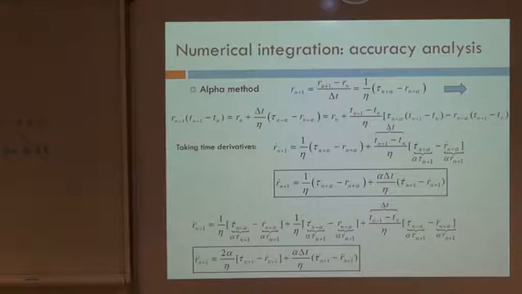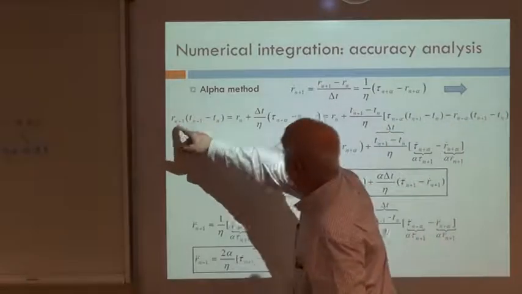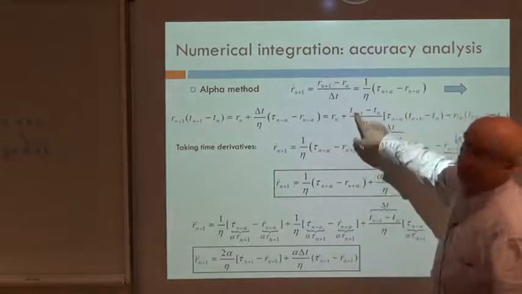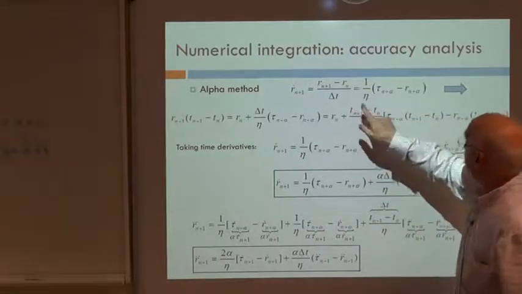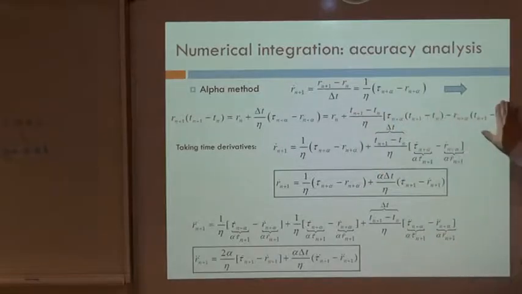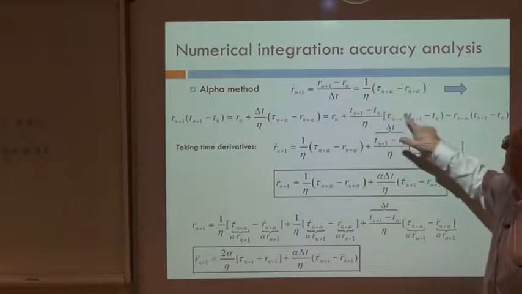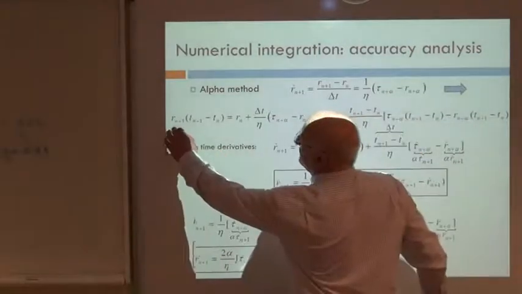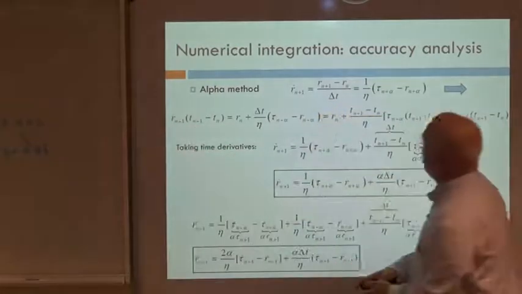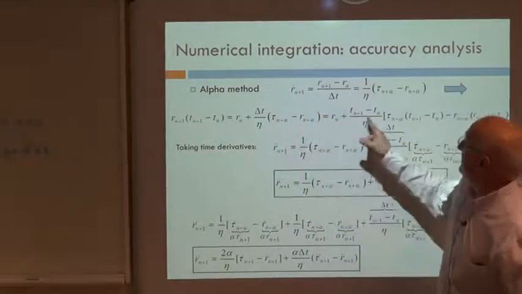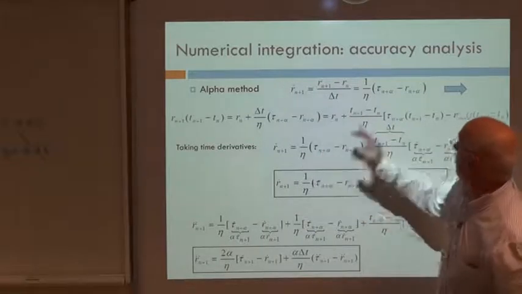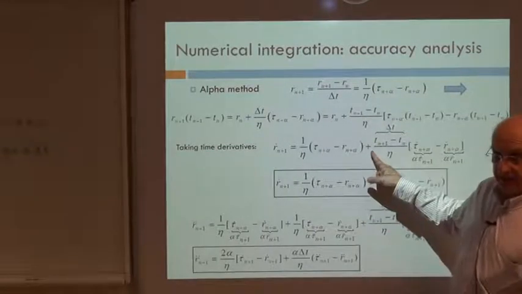So, finally, I can take the derivative of R here with respect to T. Where is T here? T is Tn plus 1. Where is it? It's here and in here. This should be dropped too, okay? So T is in here, and here Tn plus 1 is in here. So if I'm going to differentiate Rn plus 1 with respect to T, that derivative is, first, differentiation with this time is just 1 over eta times this term, okay?